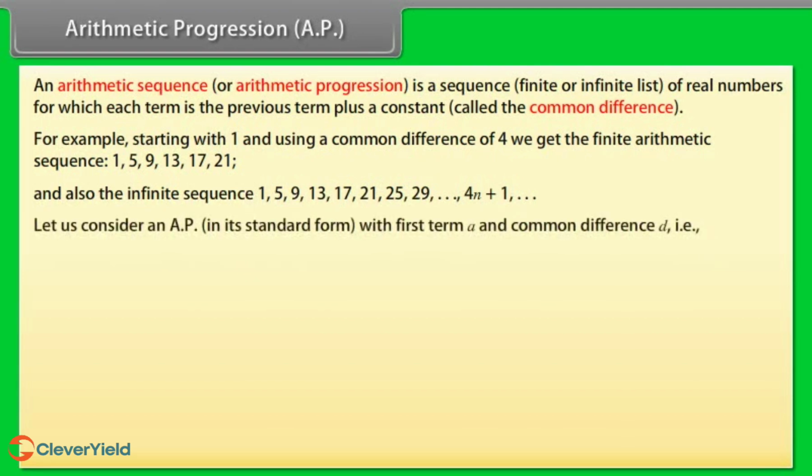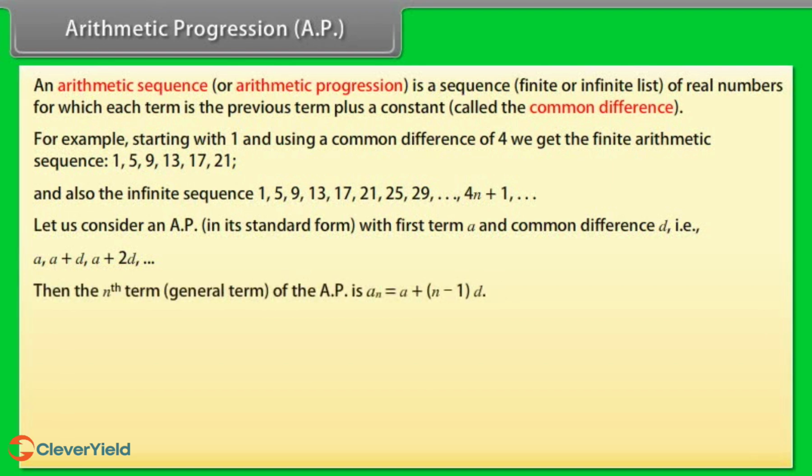Let us consider an AP in its standard form with first term a and common difference d, that is a, a plus d, a plus 2d, and so on. Then the nth term, that is the general term of the AP, is an is equal to a plus (n minus 1) into d.